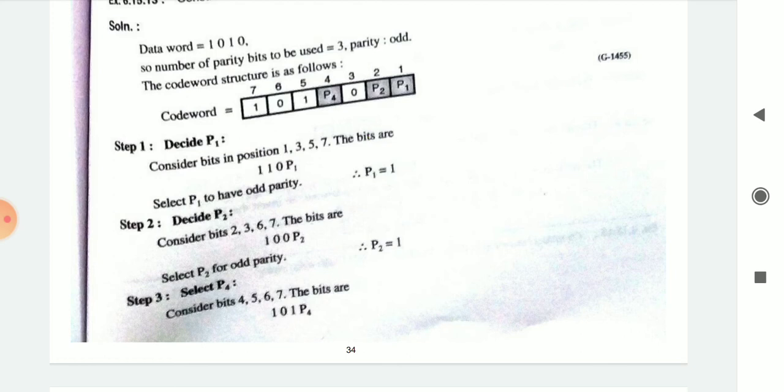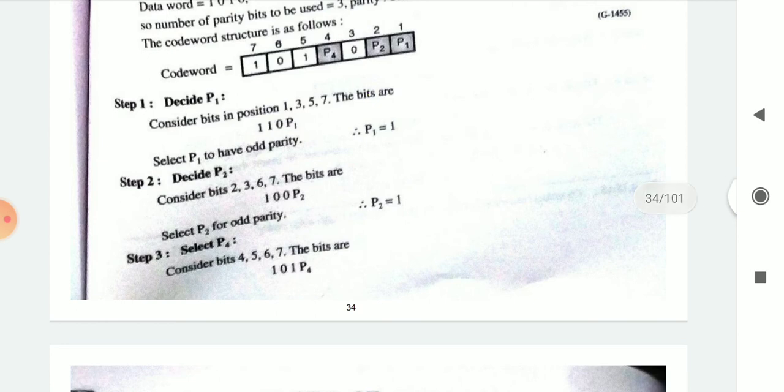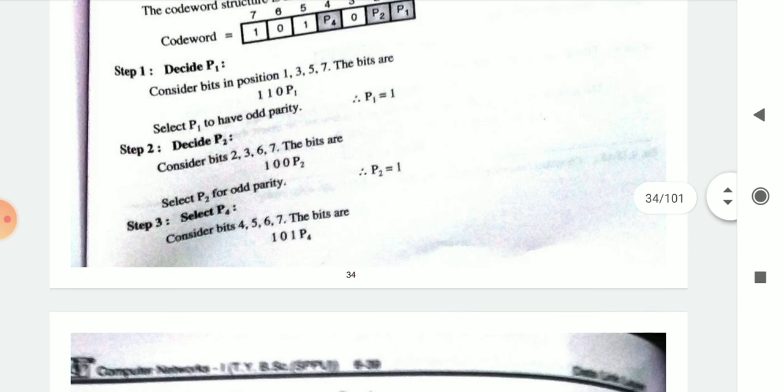In step 1, decide p1. Consider bits in positions 1 3 5 7. The bits are 1 1 0 p1. p1 is equal to 1. Select p1 to have odd parity. Then decide p2. Consider bits 2 3 6 7.